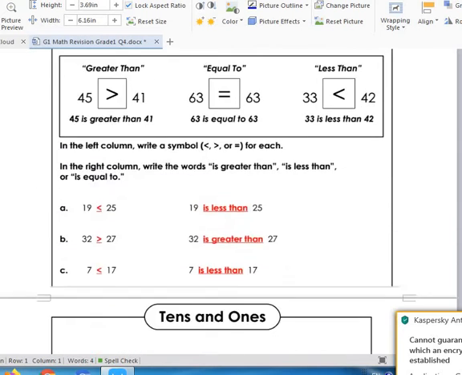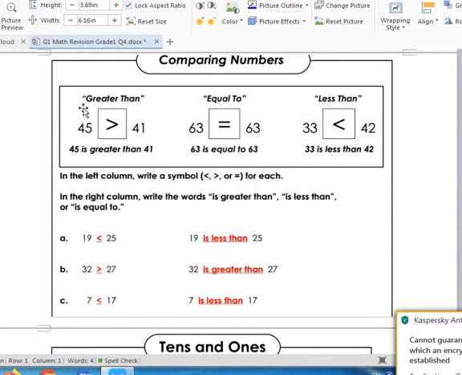Comparing numbers. Do you remember: greater than, equal to, less than. Greater than is when I have a number which is greater than another number. For example, 45 and 41.